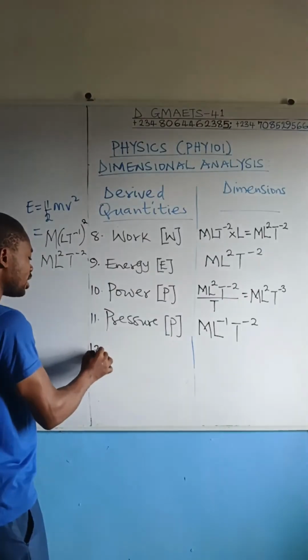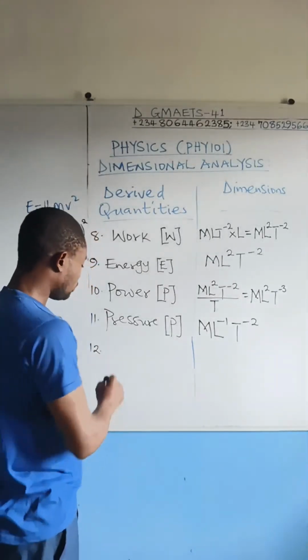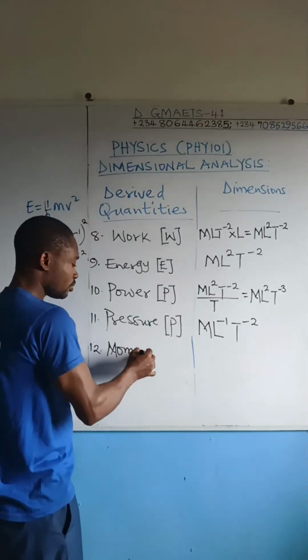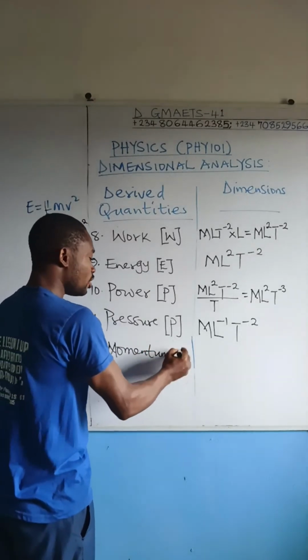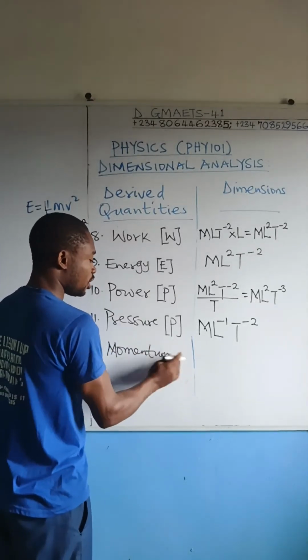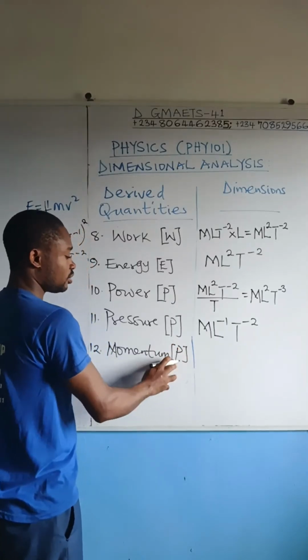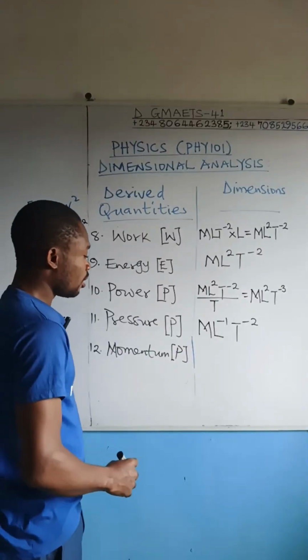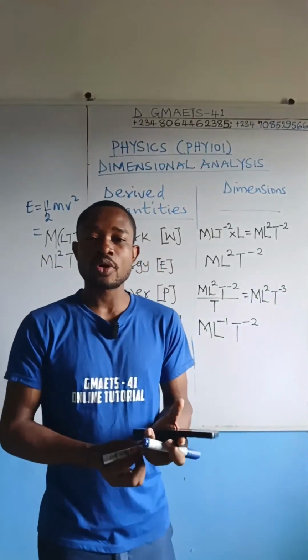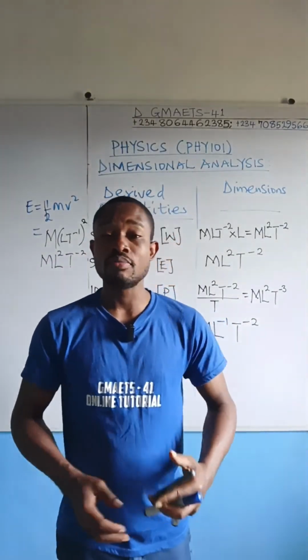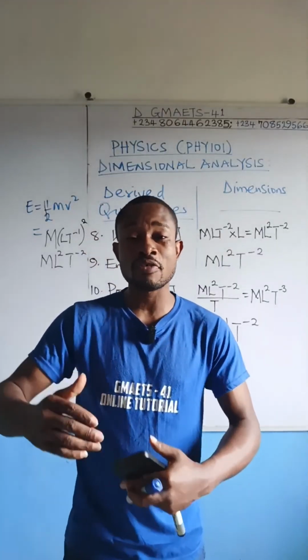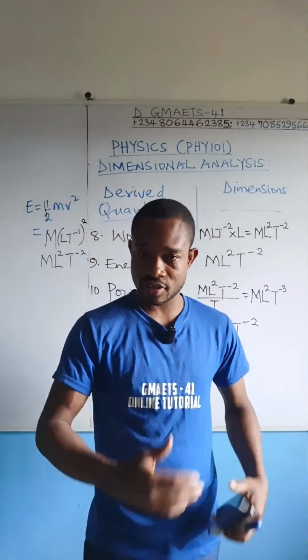Let us look at the dimension of momentum. Momentum. Again, I'm going to use this symbol anyway, a falling P for it. Dimension of momentum. Okay, good. Momentum is defined as the product of mass and the velocity of the object.